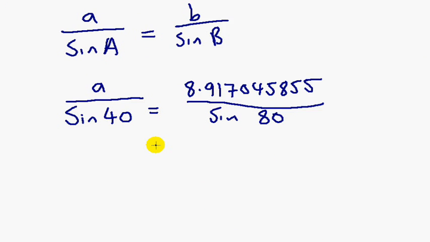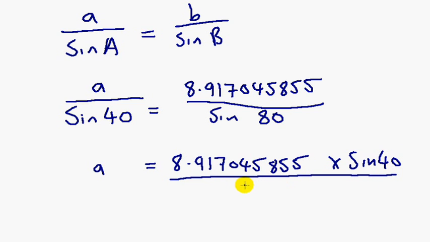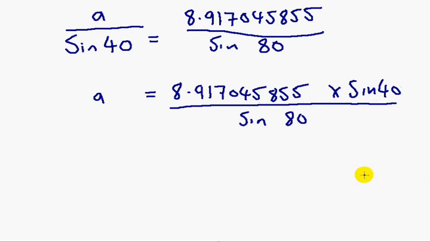So I need to get A on its own. I need to multiply both sides by sine 40. So 8.917045855 multiplied by sine 40 over sine 80.